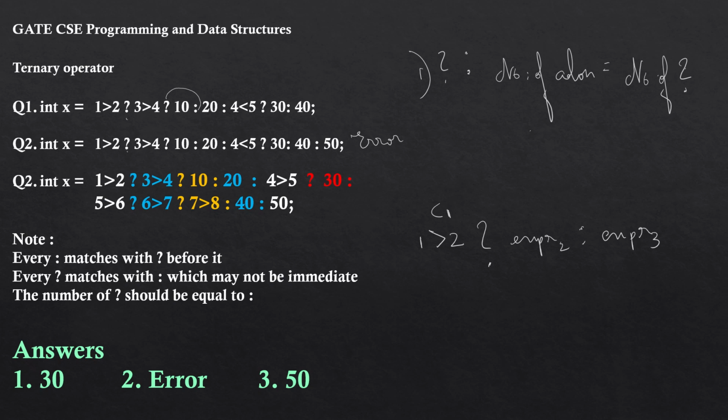Now look at this colon. So these two, this colon, this question mark, these both, the question mark is just before the colon. Now, what about this colon? How does the compiler match it? So, another rule says that every question mark matches with the colon following it. So, in this case, we don't look for the immediate colon. We just look for any colon which is after it.